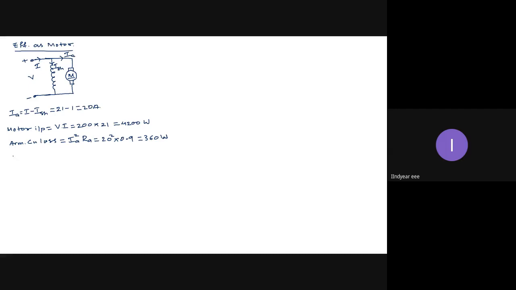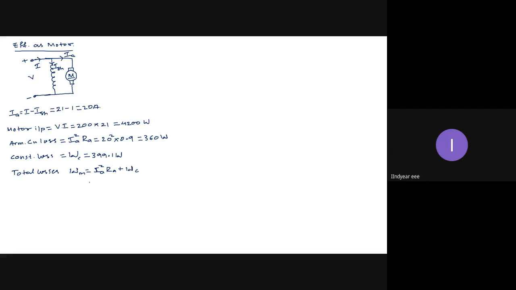Then the constant loss we have already calculated, WC, which is equal to 399.1 watts. Total losses in the motor WM is equal to IA square RA plus WC.